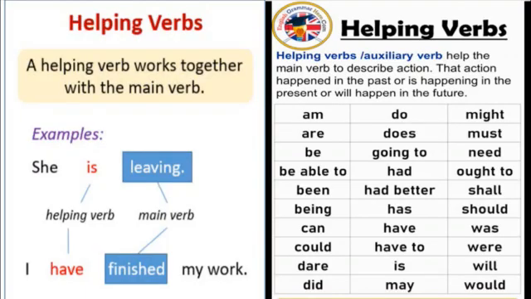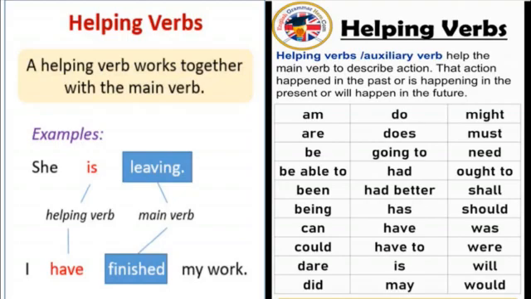Now, this next picture we are going to learn about helping verbs. Okay? Now a helping verb works together with the main verb. Here, please look at the example. She is leaving. Now leaving is the action verb.